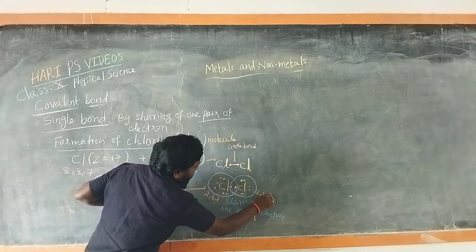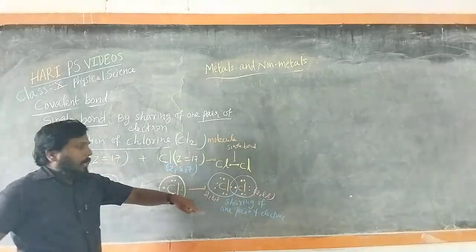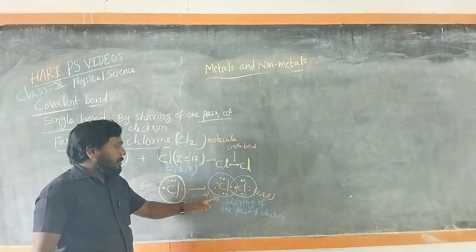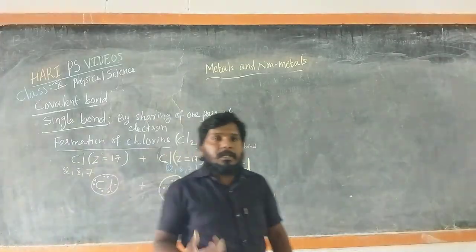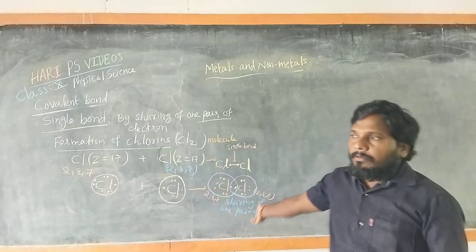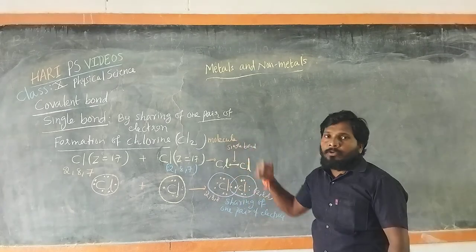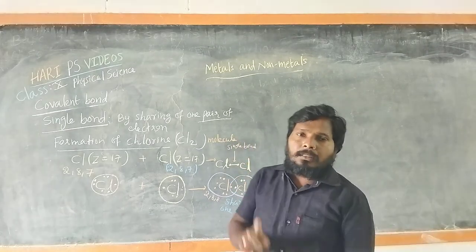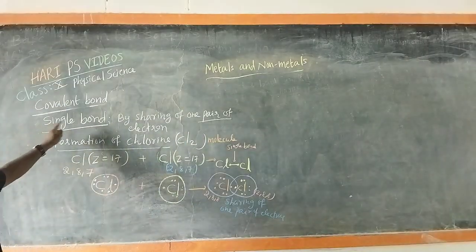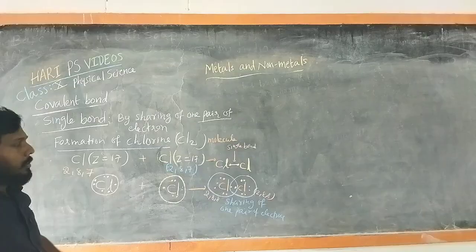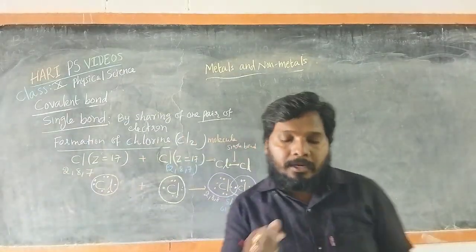Here we get 2, 8, 8. Before it was 2, 8, 7, 2, 8, 7. After sharing the electrons, 2, 8, 8, 2, 8, 8. So both chlorine atoms acquire stability, and they have inert gas electronic configuration. Then the molecule is formed and the molecule is stable and the chlorine atoms are also stable. So this is a single covalent bond, because it is formed by sharing of one pair of electrons.